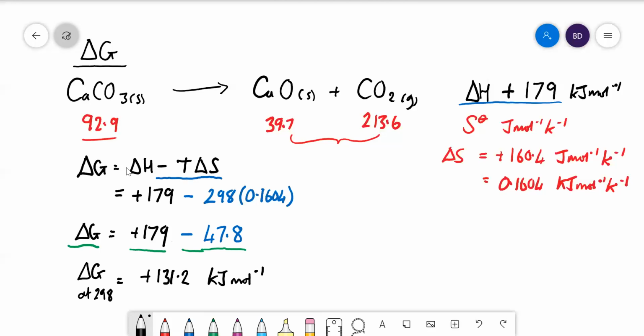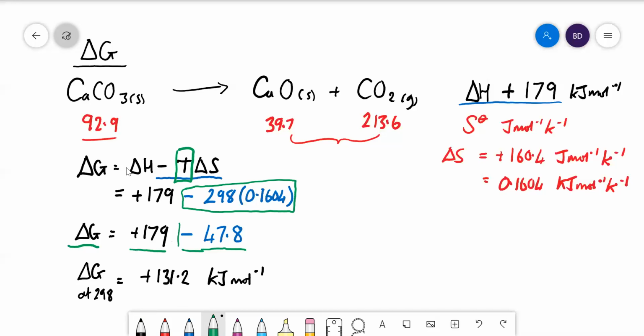But let's have a think about what would happen if T gets bigger. If T gets bigger, well, what's that going to do to this value here? It's going to make that a bigger negative number, isn't it?